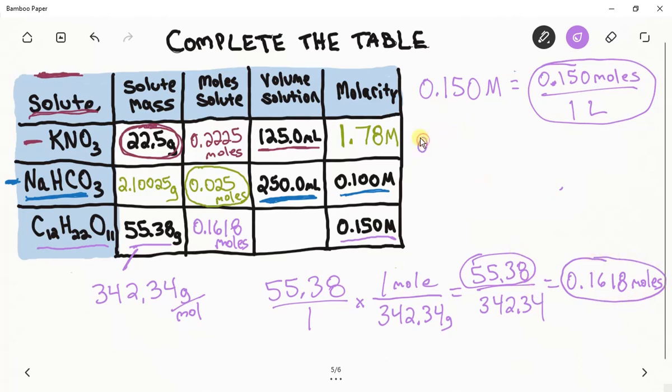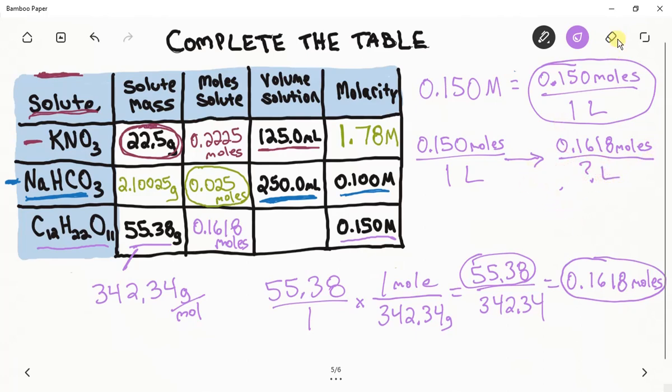Well, here's 0.150 moles per 1 liter, and we need to go to 0.1618 moles in how many liters?